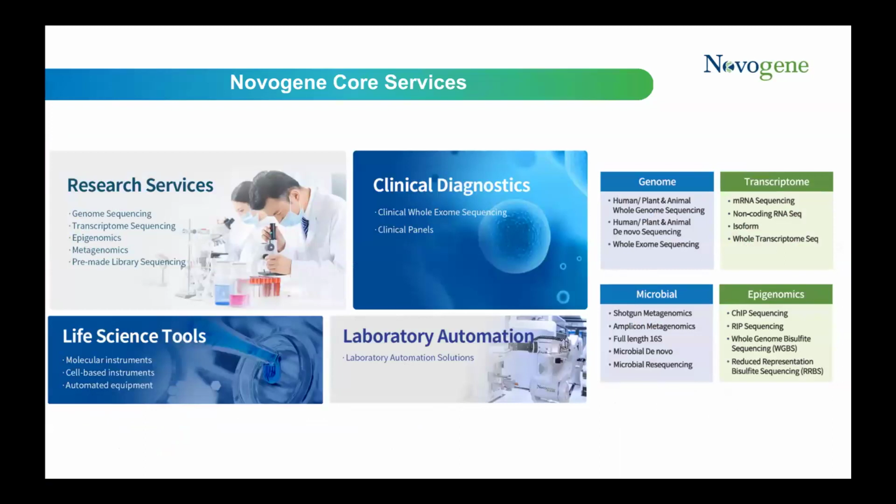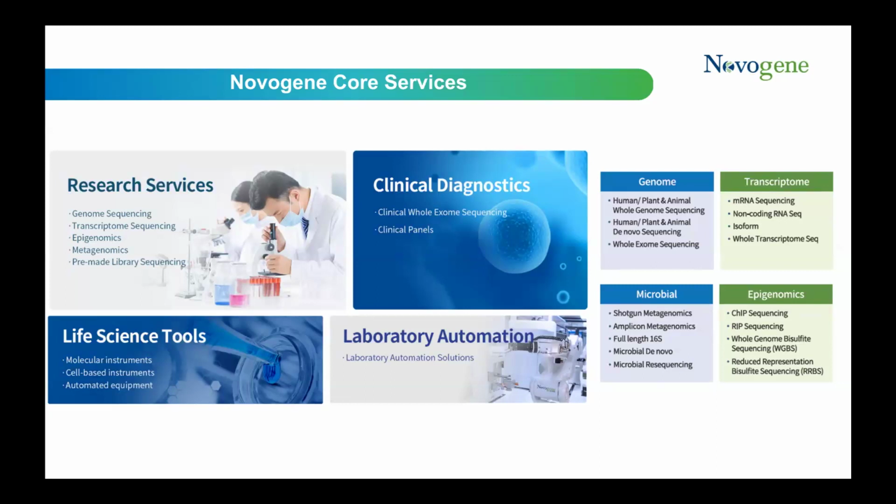So then goes to Novogene's core services. Our company covers 4 core business sectors, including research services, clinical diagnostic, and life science tools and laboratory automation.